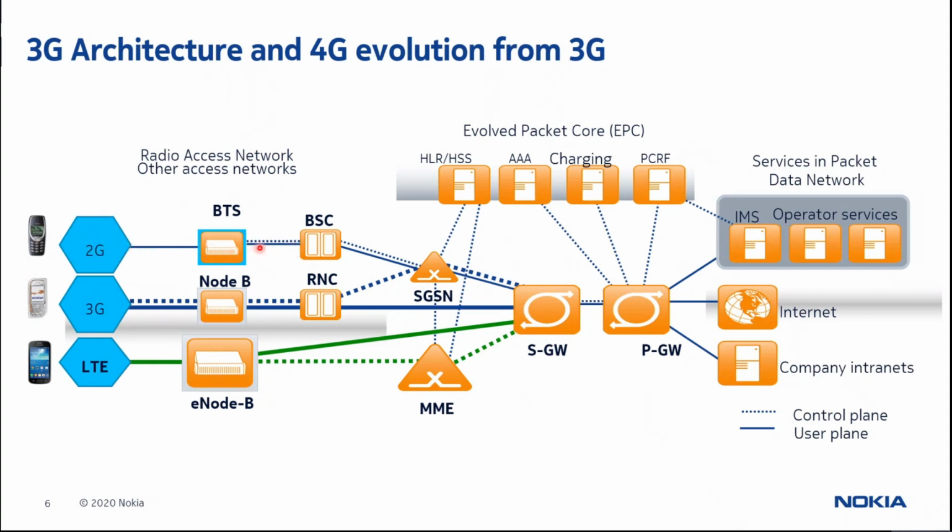It goes from the coverage area to the BTS to the BSC, and then there are certain network elements that I'm going to discuss now. Finally, it'll either go to the internet, to the company intranets, or to certain other IMS services. These are also responsible for voice-based service.